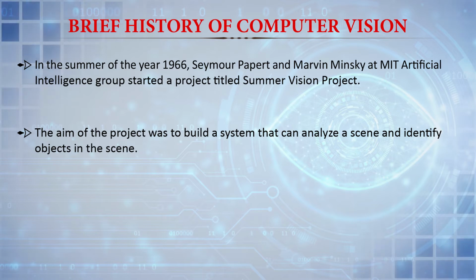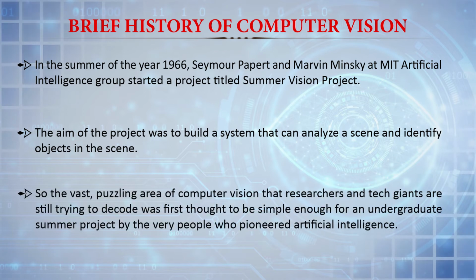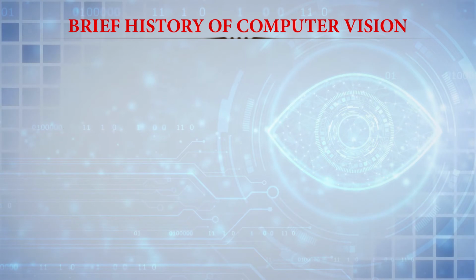The vast puzzling area of computer vision that researchers and tech giants are still trying to decode was first thought to be simple enough for an undergraduate summer project, targeted by the very people who pioneered artificial intelligence.